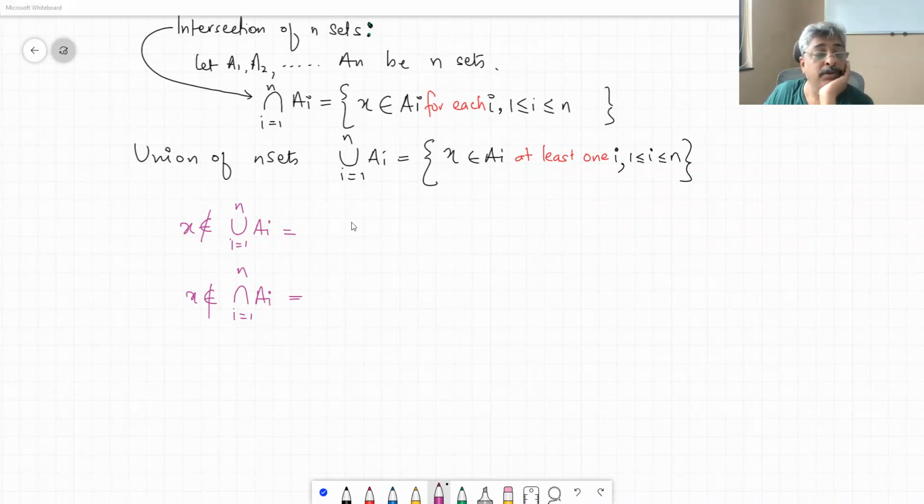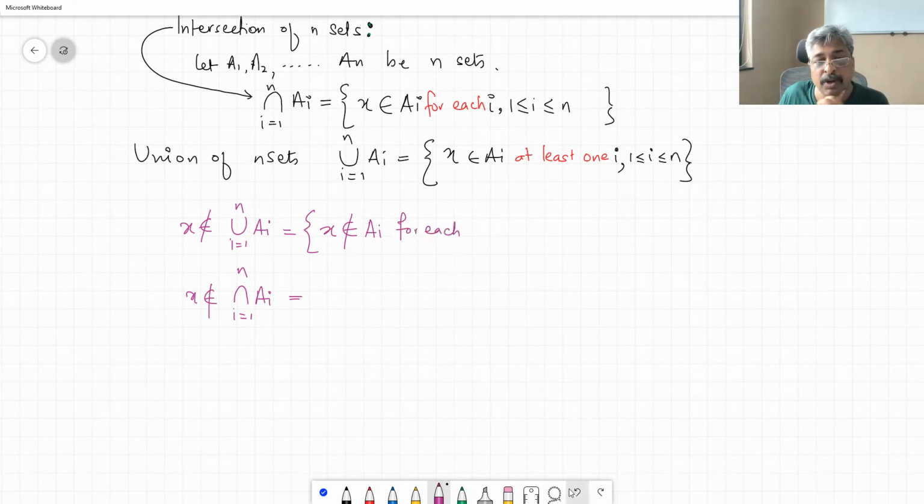Okay, if x does not belong to union, that means x does not belong to A1, x does not belong to A2, x does not belong to A3, x does not belong to A4, all. It should not belong to any one of them. So x does not belong to union Ai is all those x which does not belong to Ai for every i.